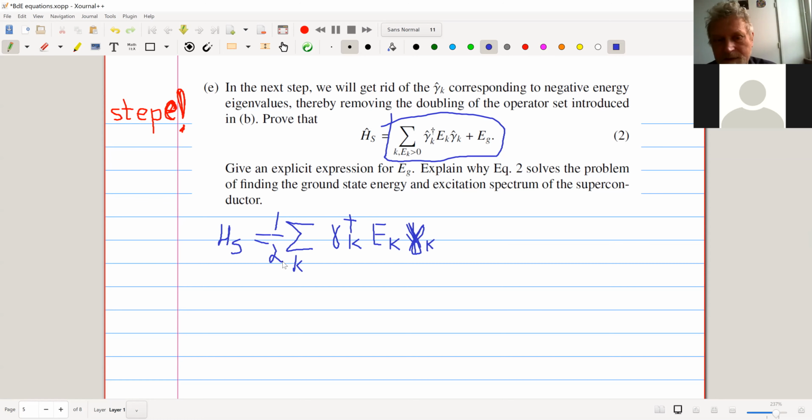The summation goes over any k. So let me rewrite it as follows.